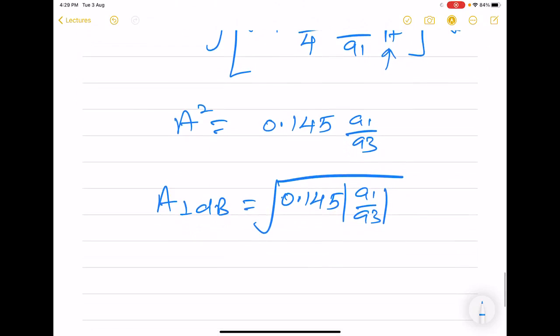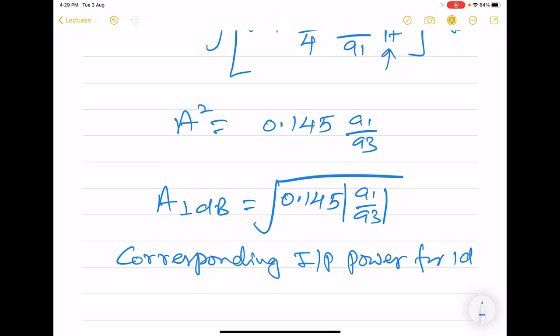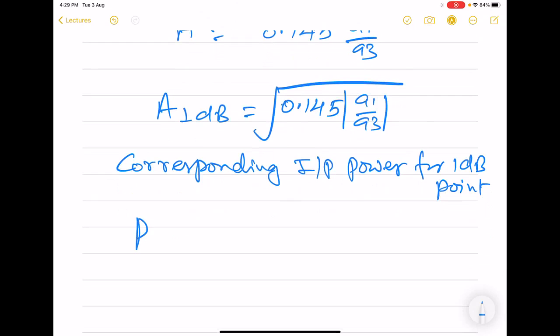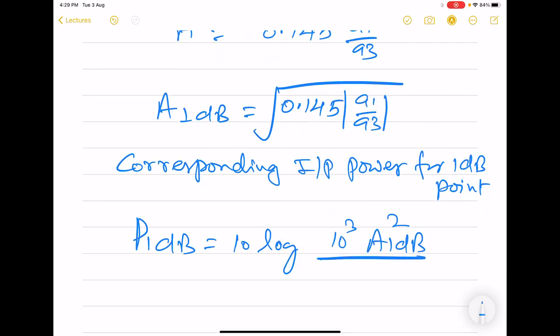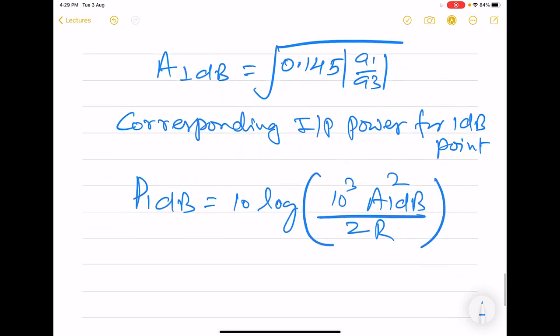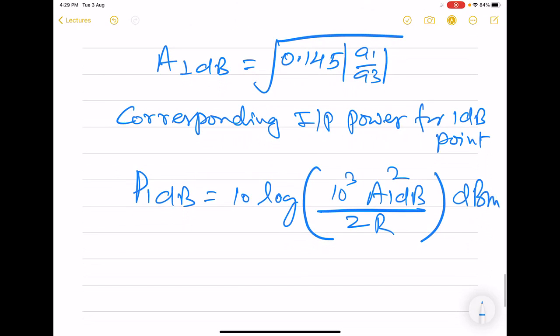So this is the input amplitude, and the corresponding input power is given by P 1 dB equal to 10 log, so this is going to be in dBm.